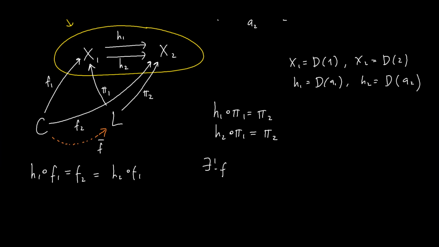So there must exist a unique F bar from C to L, such that the other triangles commute, this one and that one. So pi2 composed with F bar equals F2, and pi1 composed with F bar equals F1.